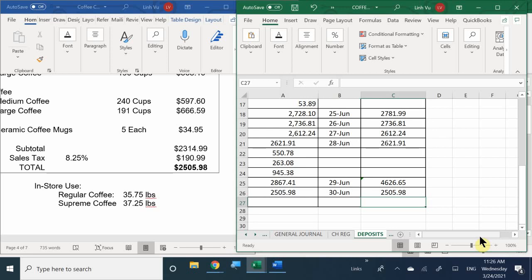Now we're going to be completing the rest, which is the unadjusted trial balance. Then from there we do our adjustments, and then we do our financial statements. That won't happen until we come back from our break. Tomorrow we're going to focus on the adjustments and on how to close out the books properly.